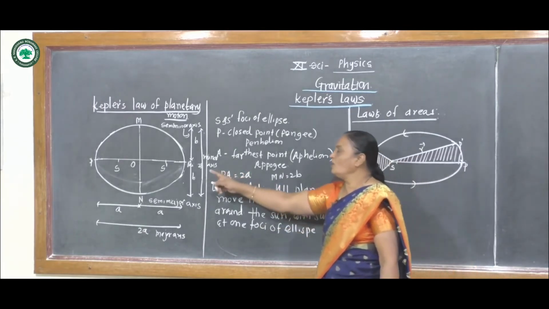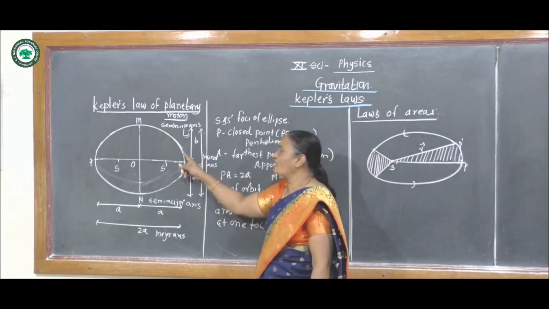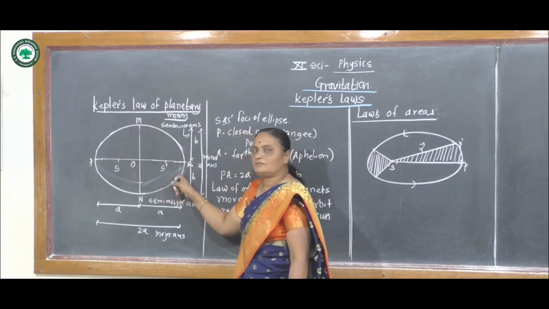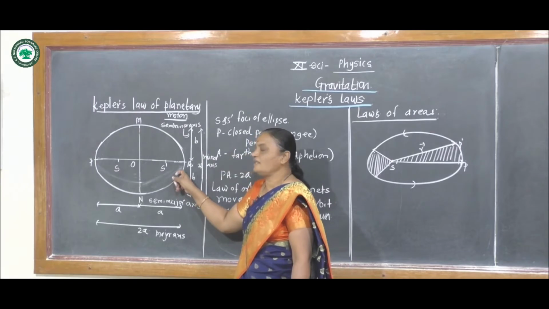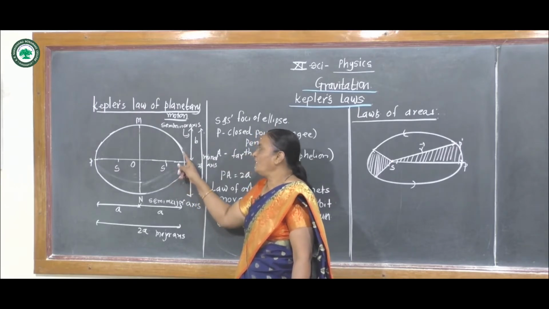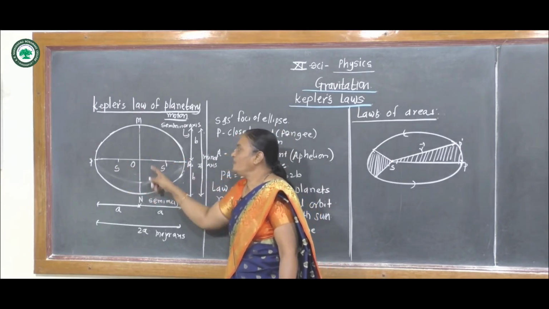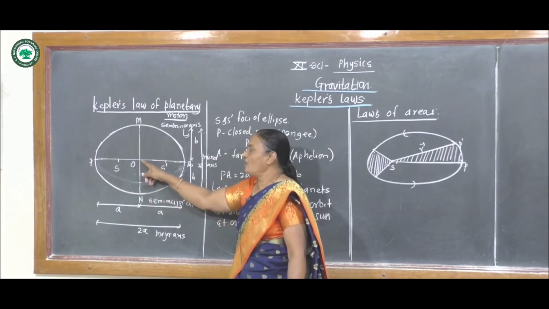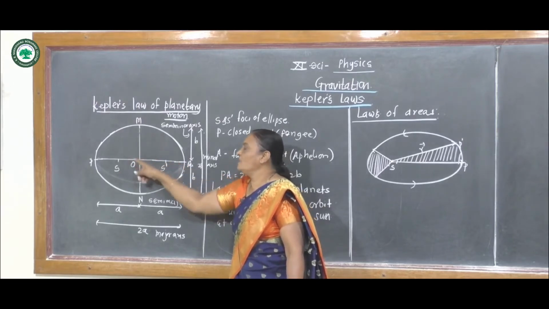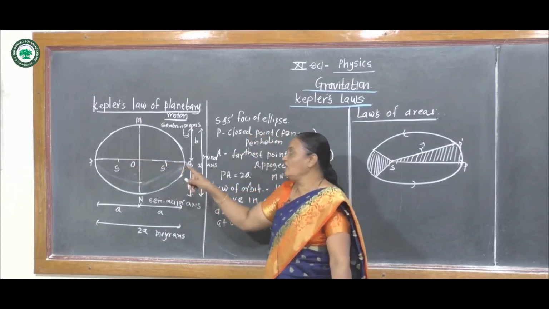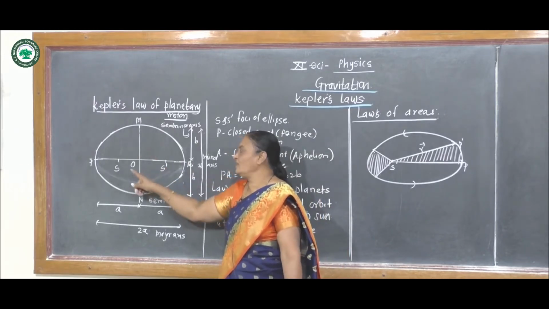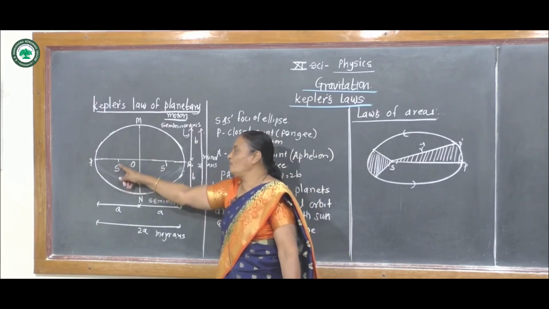Suppose a planet moves in an elliptical orbit. This is the ellipse, and this is the center. This is not circular motion, this is elliptical motion. An ellipse has two foci, and here the sun is at one focus.